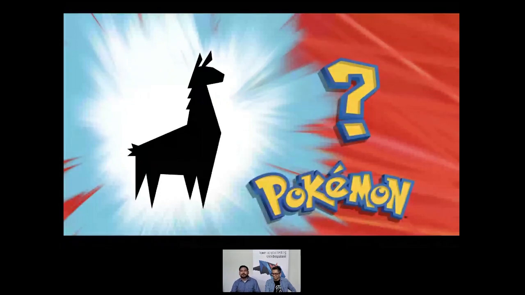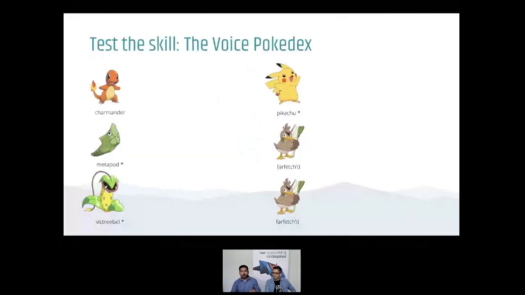So I have 6 test cases here that we are going to go over really quickly. I have 6 Pokemon in here: Charmander, Metapod, Victreebel, Pikachu, and Farfetch'd, which is kind of hard to pronounce. The ones that have a star after their name are not in my interaction model.